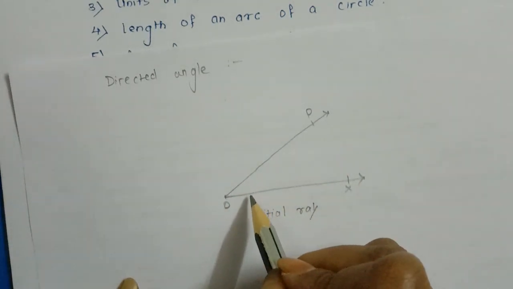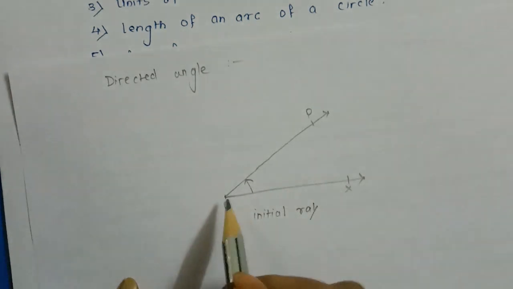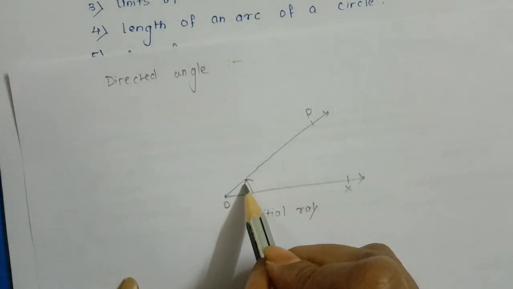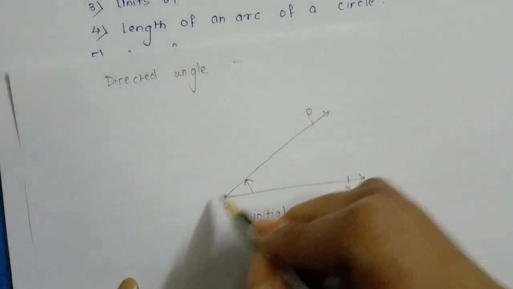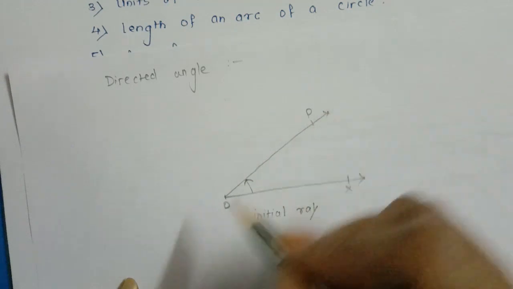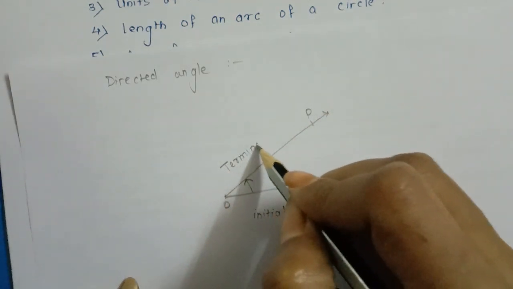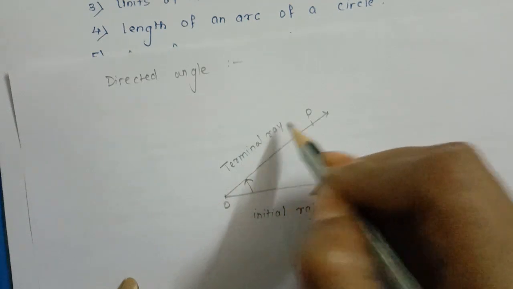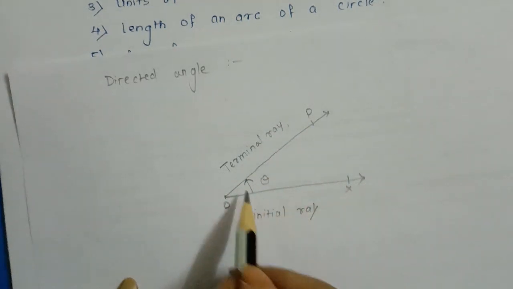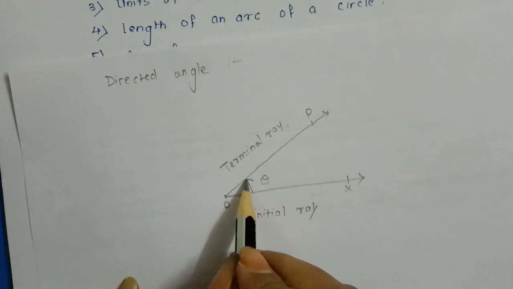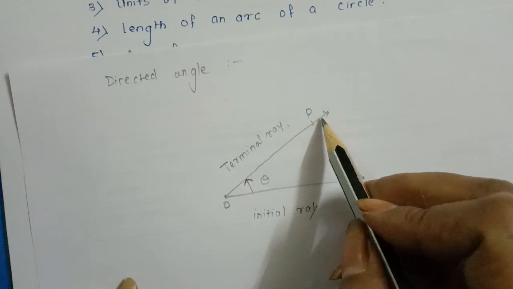Now you can see the rotation direction is in this way. So this final position of the ray is OP. Let's mark this as the terminal ray, whereas this is theta. The initial ray is moving in this direction and takes the final position OP.